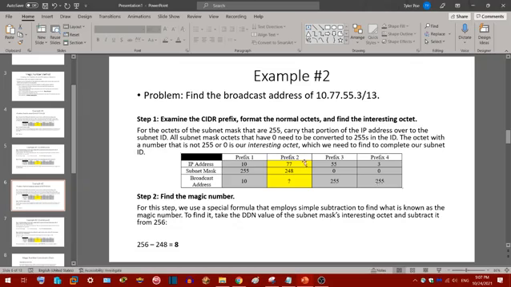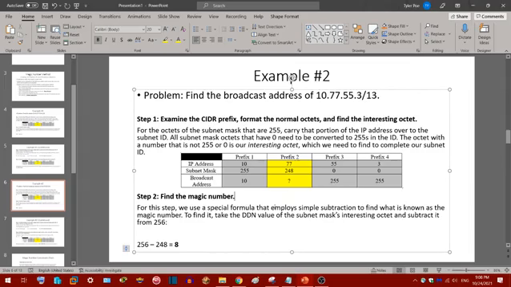Magic number rule remains the same. It's highlighted here. This is the number in the broadcast address that we need to change. So step 2, once again, is to find the magic number. Same as before: take the interesting octet number from the subnet mask and subtract it from 256, and that gives us our magic number.